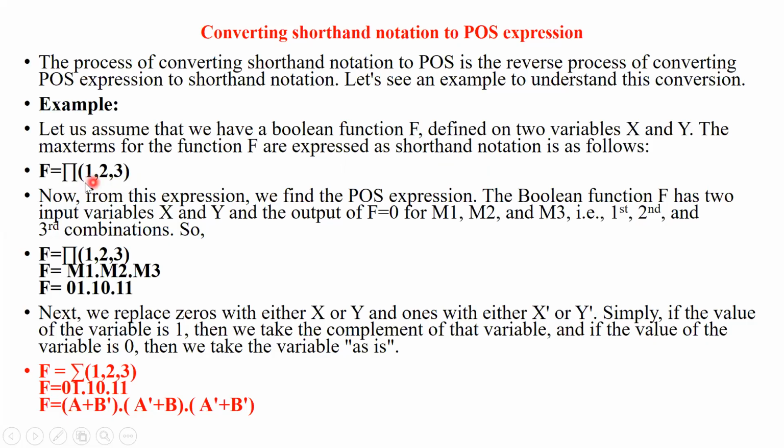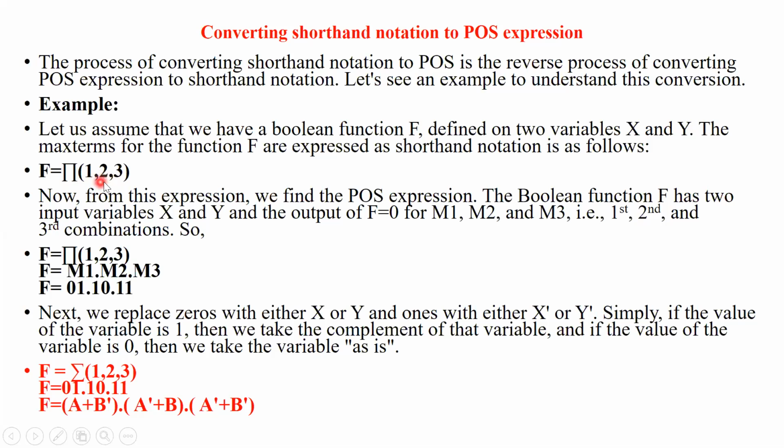This shorthand notation is given to you, and from it I want an expression, in terms of the literals, that is a, b, c, or a dash, b dash, c dash. So suppose f is pi, written a little bigger than your normal writing, of 1, 2 and 3.